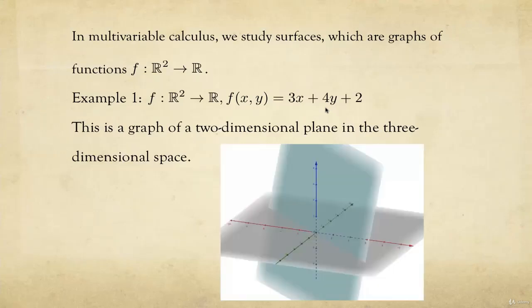So here's what it looks like. Again, the input is xy, so the input is actually all the points on the floor. This is the xy plane on the floor, and then the output is a real number. That's the height of all these points on the plane, given by 3x plus 4y plus 2.